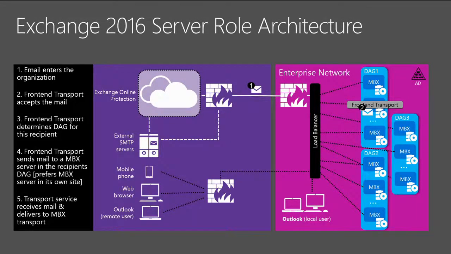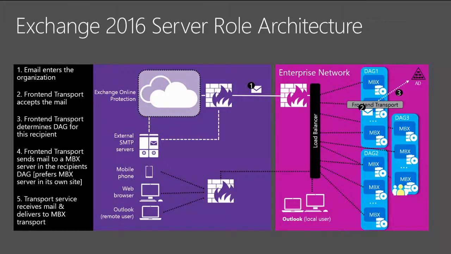The front-end transport service, as I told you, has one of its primary duties to talk to Active Directory and figure out which DAG that recipient's mailbox belongs to. So it queries AD and finds out that that particular recipient belongs to DAG 3. It doesn't really care which mailbox server in that DAG it sends to. What it cares about is that it has found the right DAG.